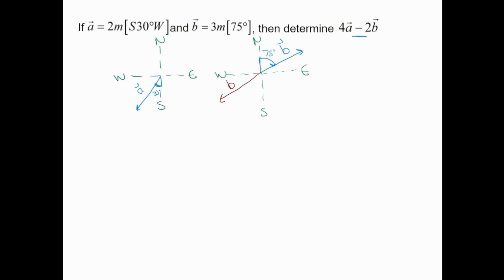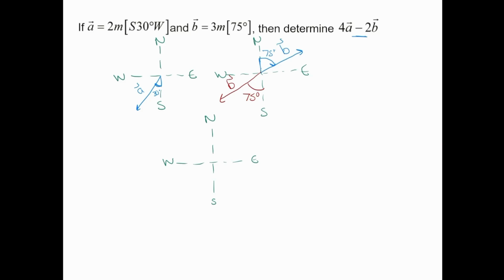It's going to have the same magnitude but opposite direction, which means that this angle here now is going to be 75 degrees. They are opposite. So now this is a situation where we would use the triangle method or tip to tail to determine the resultant. So now let's draw these two together and start doing some vector addition. So I'm going to redraw just a little bit of a crosshatched compass rose, north, south, east, west.